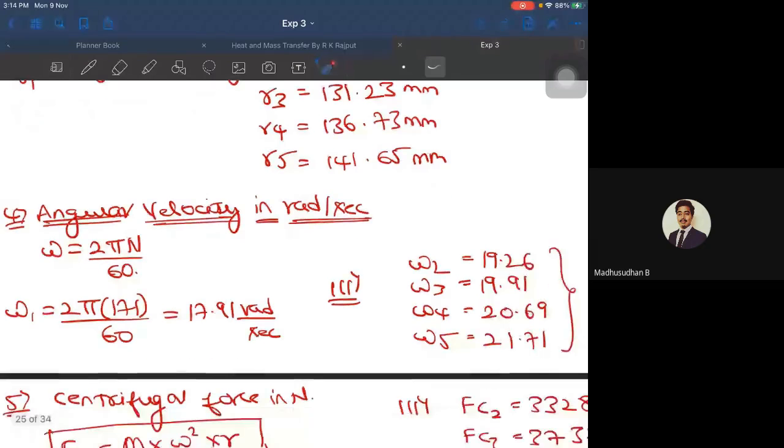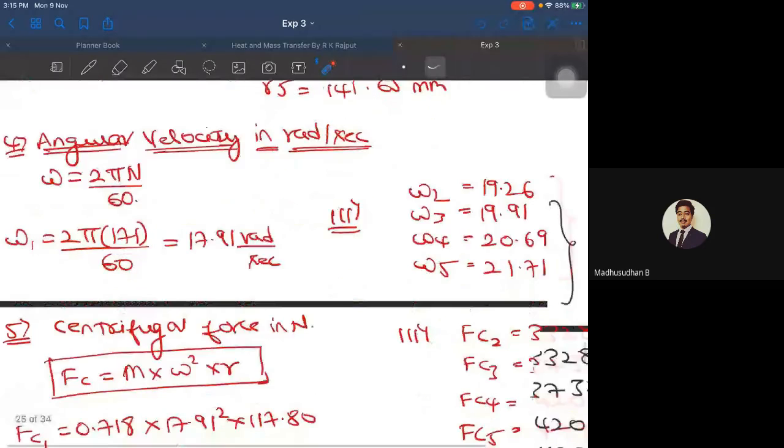Next, angular velocity. For every 10, 20, 30, 40, and 50 rise of the sleeve, you have noted down the speed, which would be in RPM. Now you want it in radians per second. So just convert the speeds into angular velocity by multiplying by 2 pi by 60. You'll get omega 1, omega 2, omega 3, omega 4, and omega 5. Tabulate them.